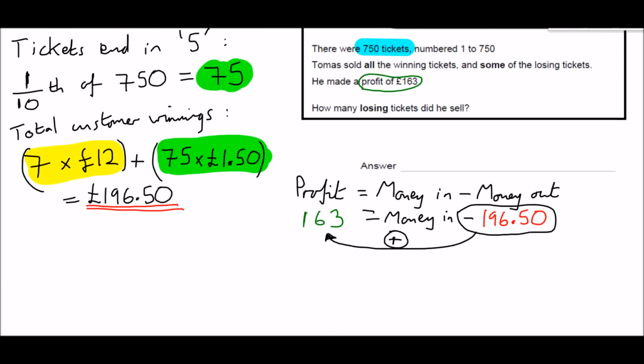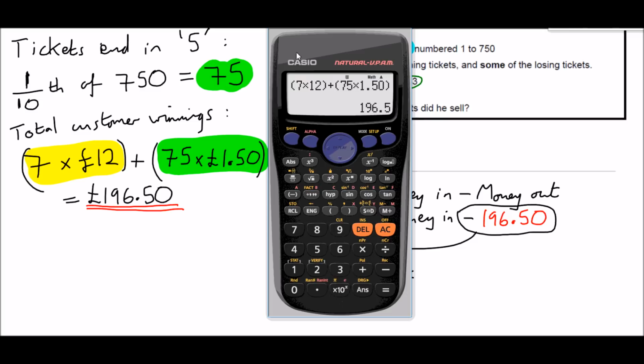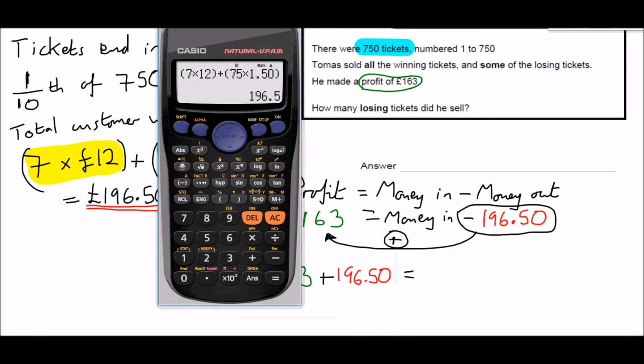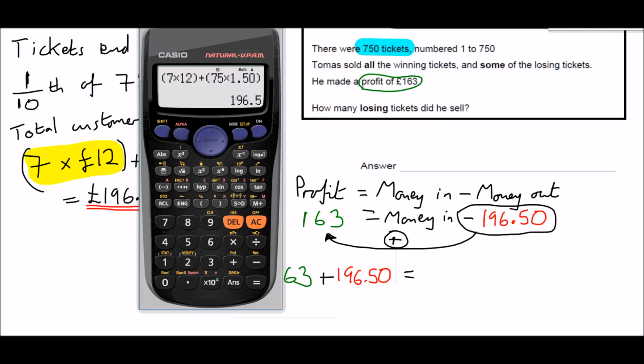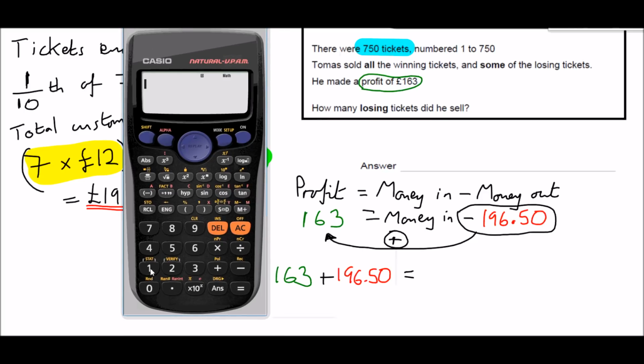Then we can calculate how much money was brought in. So that's going to be £163 added to the £196.50. And so for money brought in, we need to add these two values together. 163 plus £196.50.